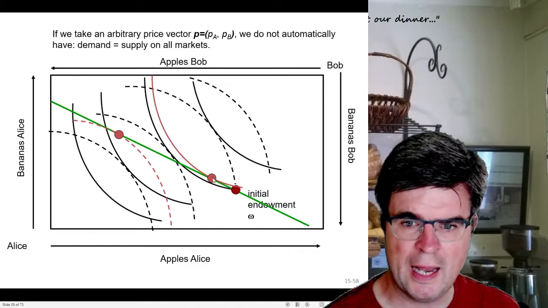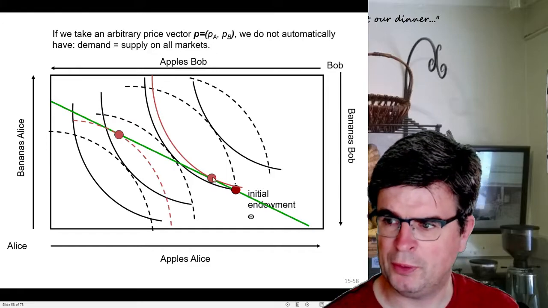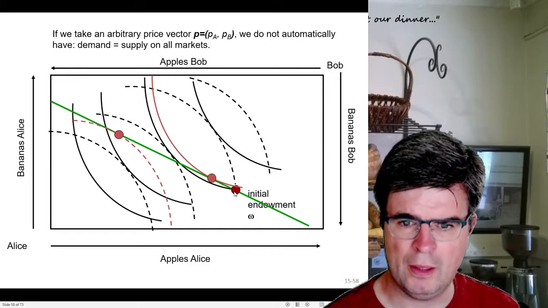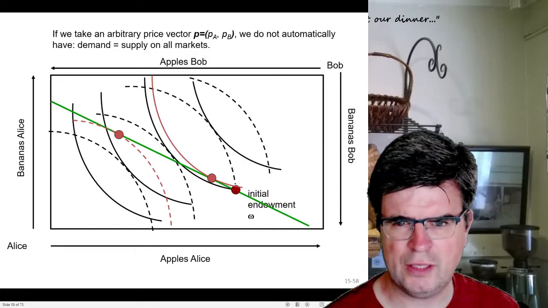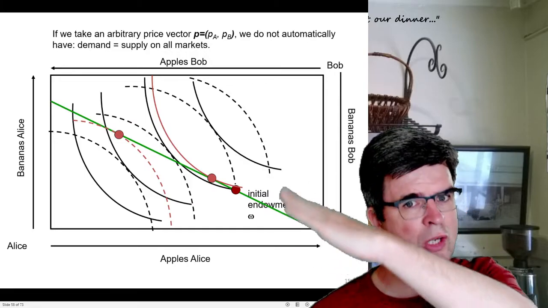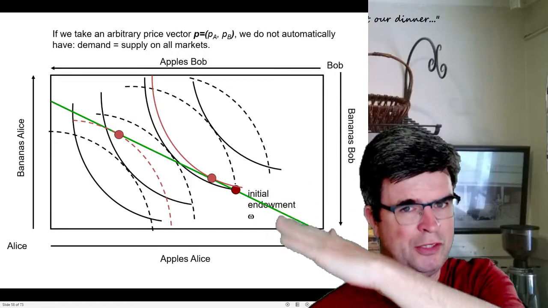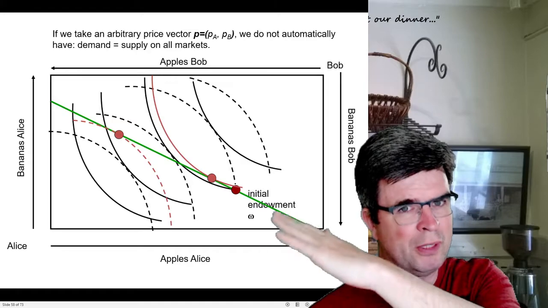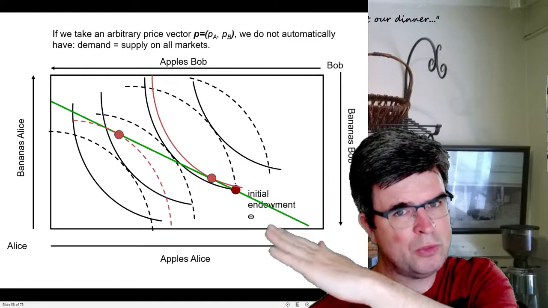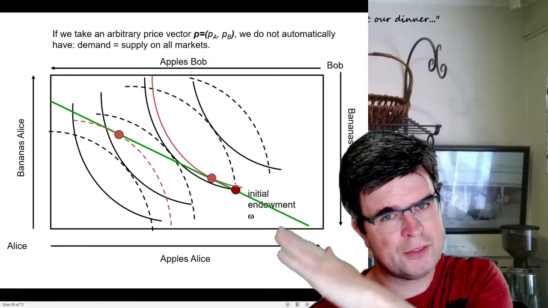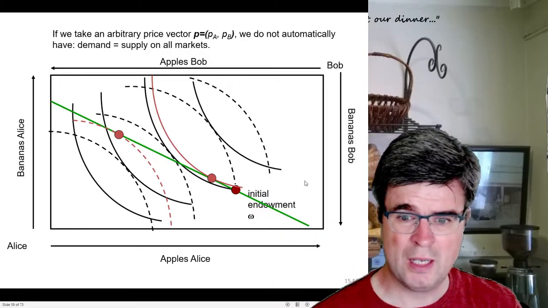So what may happen is that Alice will choose this point over here. Apples are relatively cheap, and the slope of this budget line is quite shallow. So this is minus the price ratio PA over PB. If this is a shallow slope, then the price of apples is relatively low.